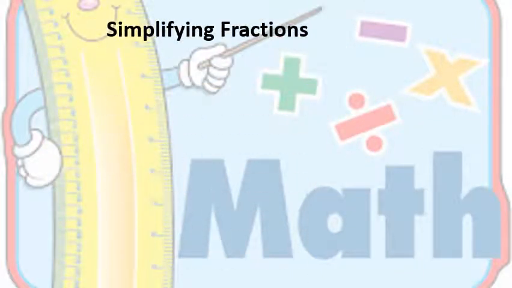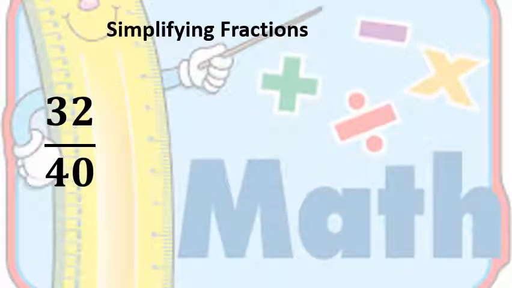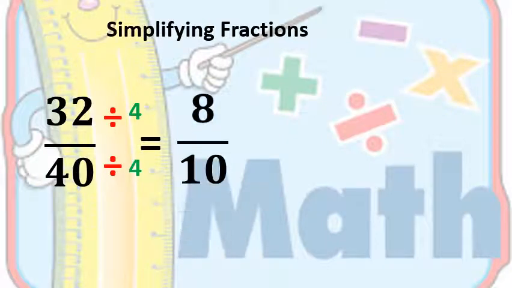Another example. So 32 over 40. These numbers remind you of which multiplication table? They remind you of the multiples of 4. So divide by 4, divide by 4, we're having a fraction 8 out of 10. Can we simplify more? Yes, we can. Divide by which number? We can divide by 2.